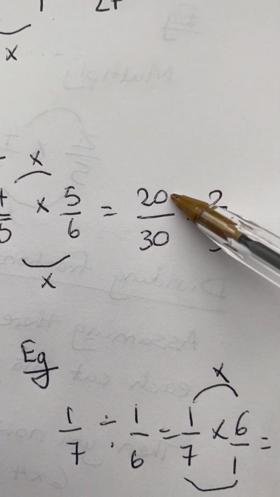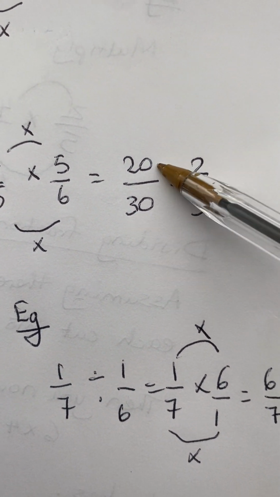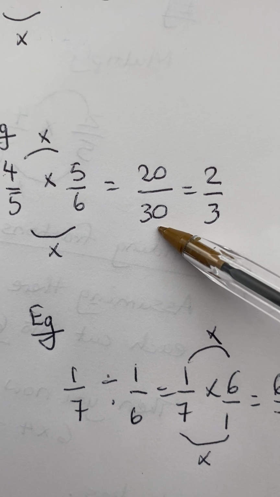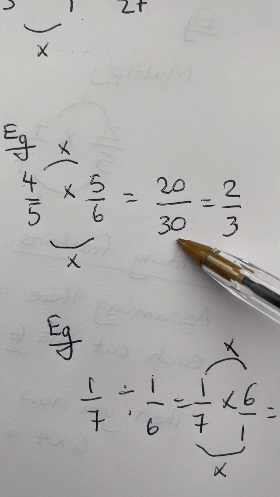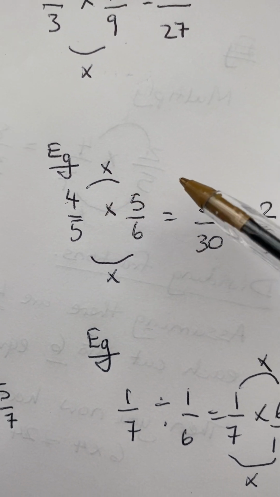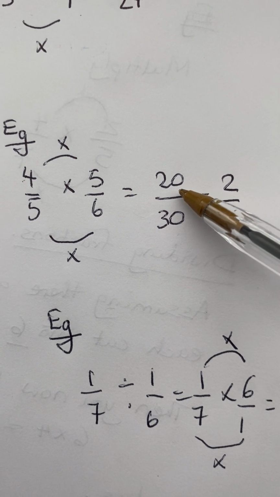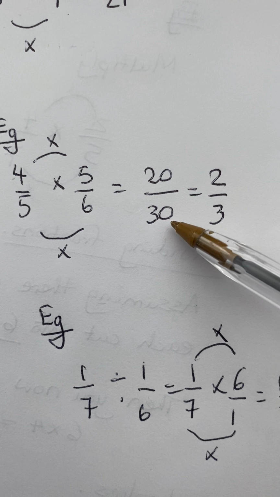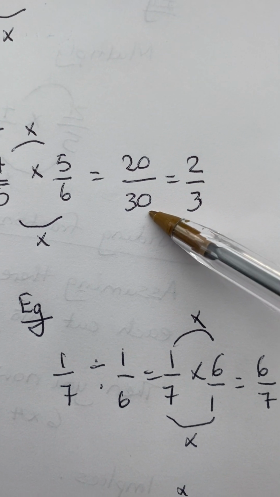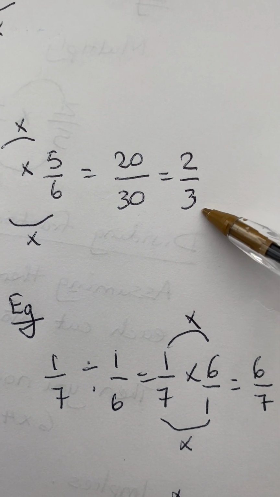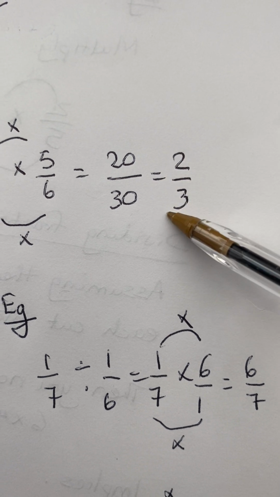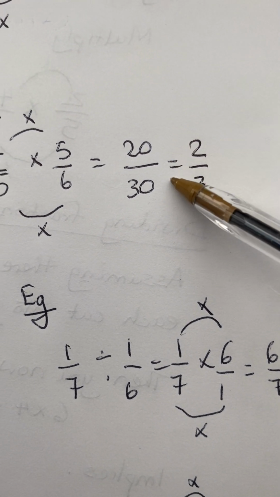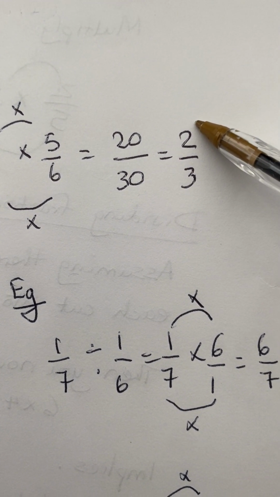Now look at 20 over 30. Okay, so we can tell how many 10's do we have in 20? How many 10's do we have in 30? So our answer in the lowest form is 2 over 3.